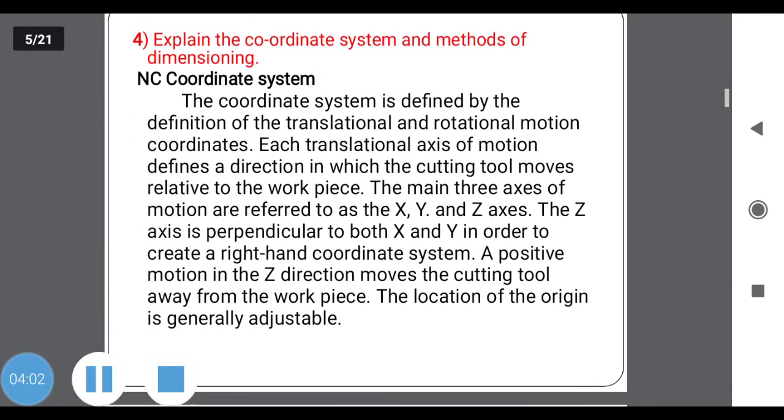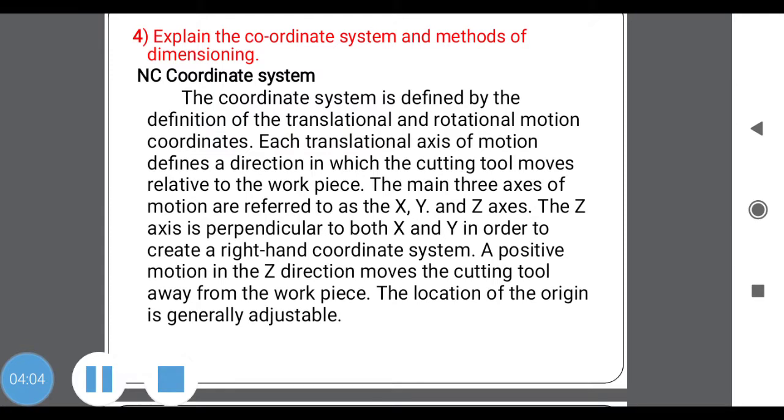Next one, coordinate system. Here we are using an NC coordinate system with 3 axis values, that is x, y and z. The z axis is perpendicular to both x and y in order to create a right hand coordinate system. Means for the right hand coordinate system, x and y are perpendicular to the z axis.